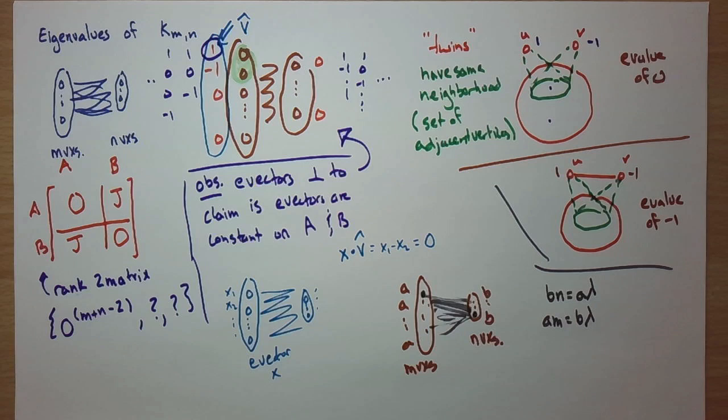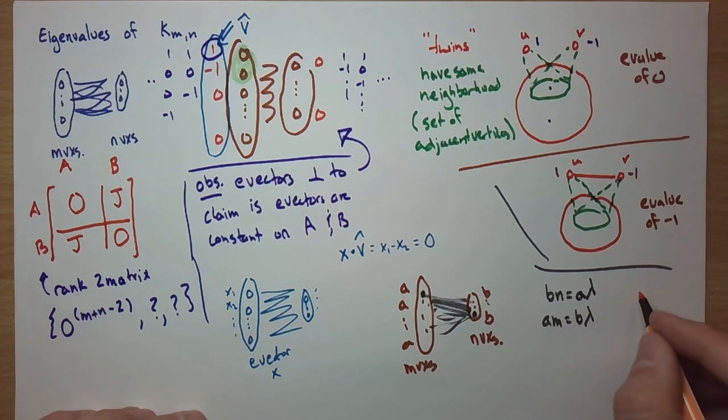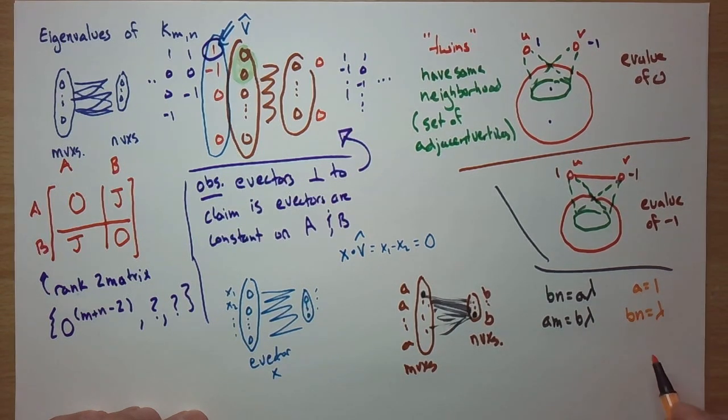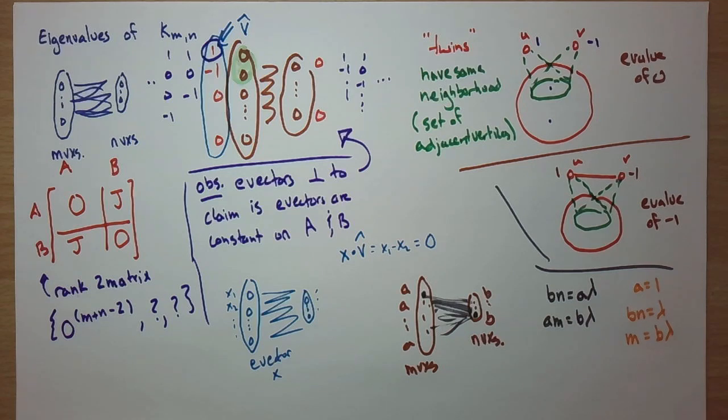Well, that's not an eigenvector. So let's make A equal 1. Don't lose anything by doing that. So now we have b times n equals lambda, and m is equal to b times lambda. Now we have two equations and two unknowns. That's in our wheelhouse. We like that.